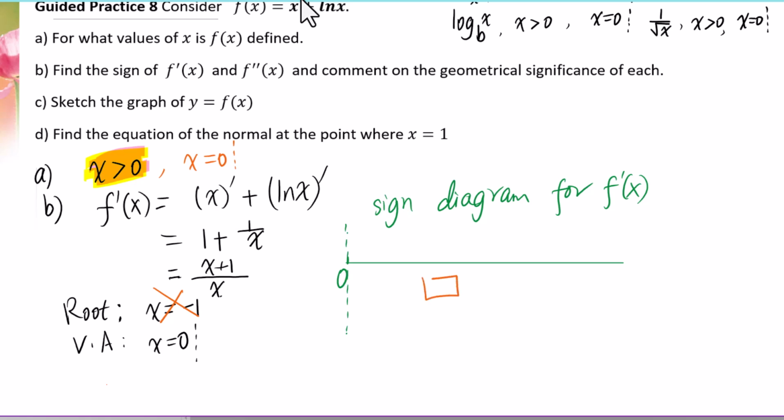Then get the number to test the sign. Let's use 1. Since f prime of 1 is positive, so this is positive.